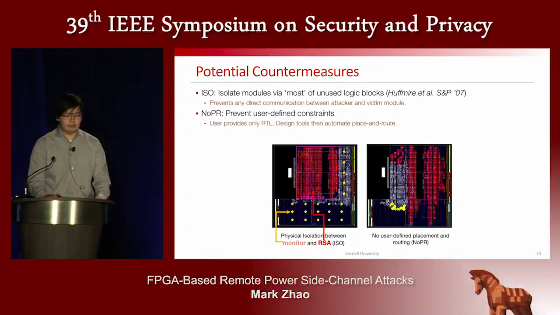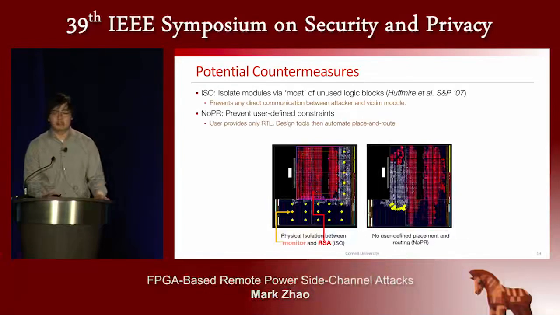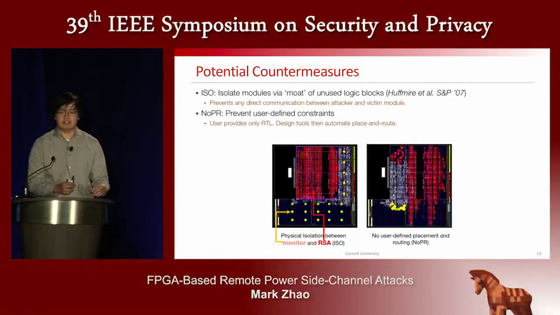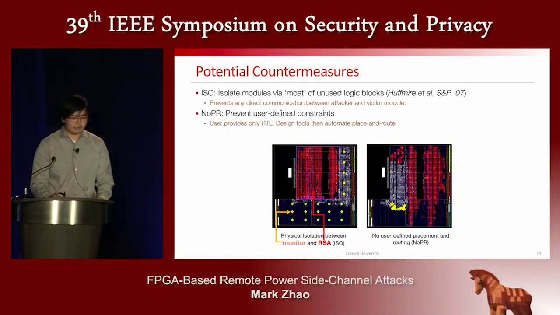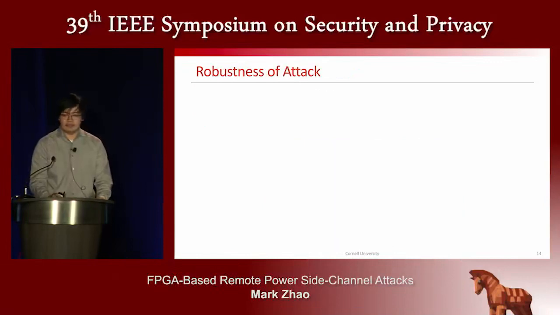Alternatively, a data center provider may restrict the user to only use RTL. In other words, the user cannot define where they place their ring oscillators. They can't define the routing between any logic in their circuit. We implement this and denote it as no PR. We show that in either case, our attack is still viable.